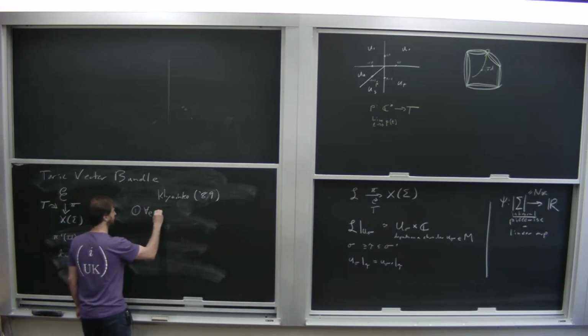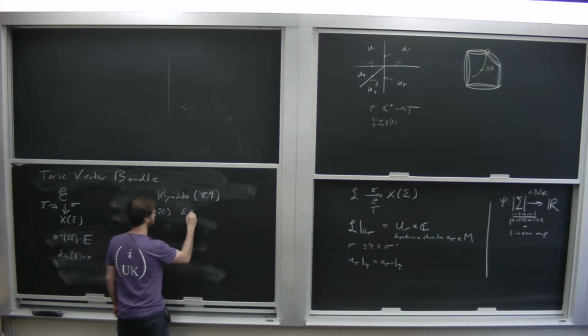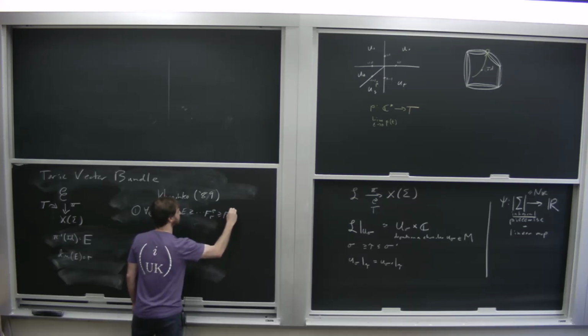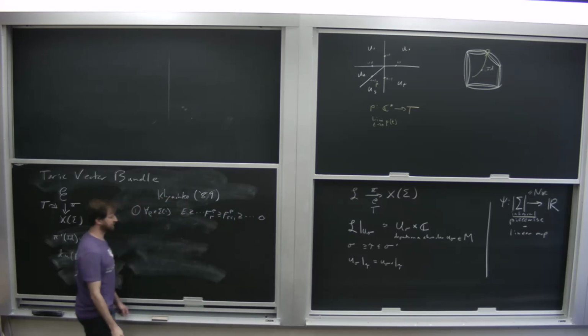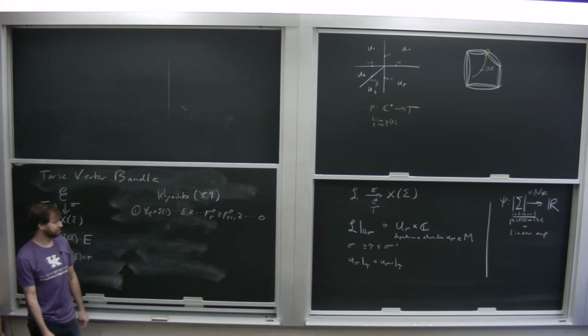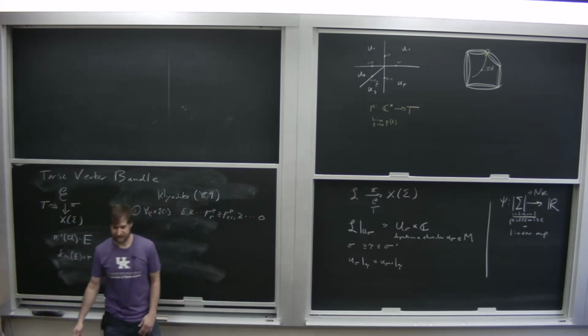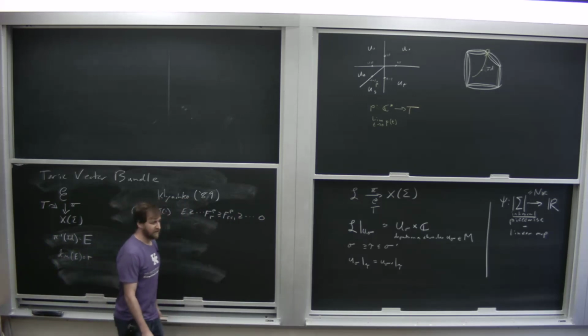For every ray, we get an exhaustive integral filtration of E. Exhaustive means it begins at E and it ends at 0. It's decreasing, so as the integer goes up, the space goes down. And integral just means that this is an integer.